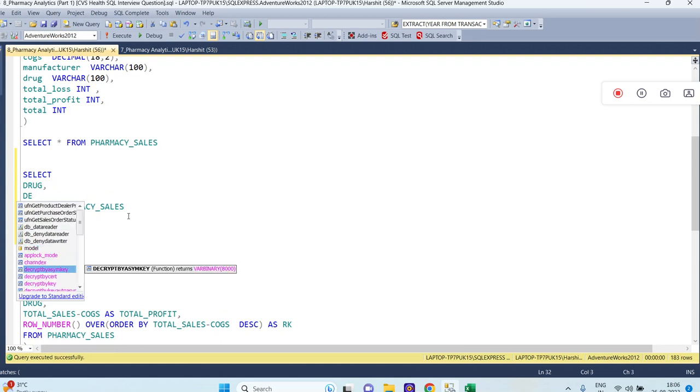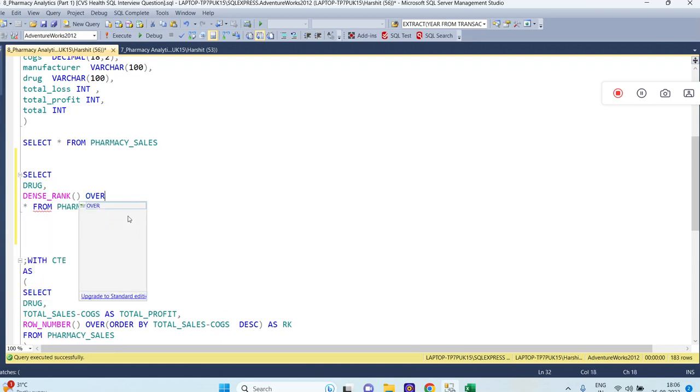Then we need to use the dense rank function over order by total sales minus COGS, and we need to see the result in descending order. Means the highest profit will come first, then the second highest profit on the second, like that. So over here we need to use descending, and then we can give rk as alias.